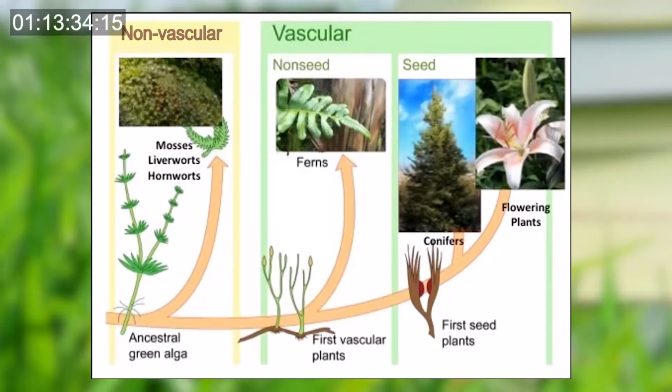Bryophytes are a group of non-vascular land plants. They are very different from vascular land plants like ferns, conifers and other flowering plants, since these vascular plants produce flowers, fruits and seeds and have true roots.